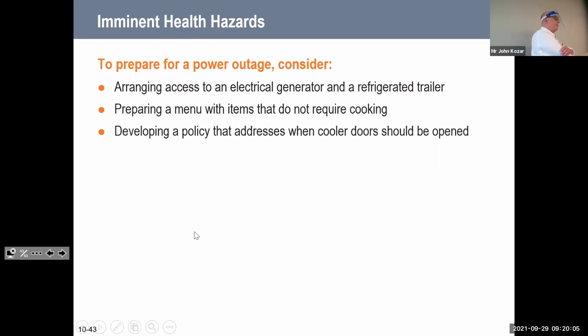Or you might have a plan in place that you can get a refrigerated trailer on your property within an hour or so in the event that the power goes out, and the food can be put into the refrigerated trailer. And then consider switching to a menu that has items that do not require cooking, so you don't actually need the power to run your kitchen.